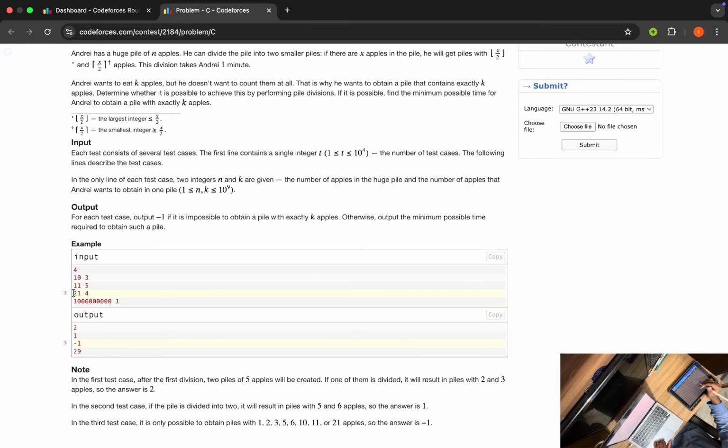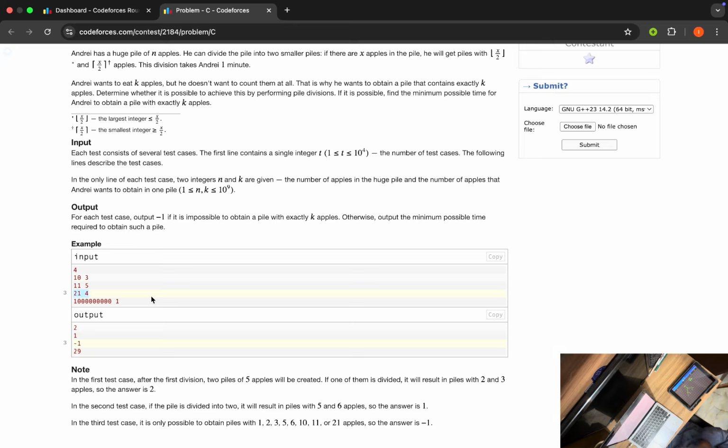Let's take example 21. I want to make it 4. So it's even and that's odd. I'll obviously have to split it into 2. 10 and 11, split it. Okay, I'm just doing brute force actually. So that's not right.